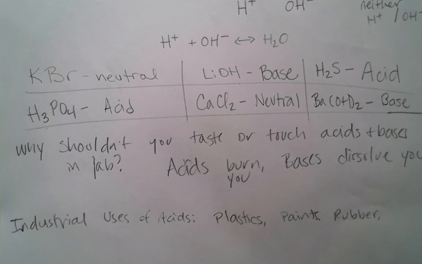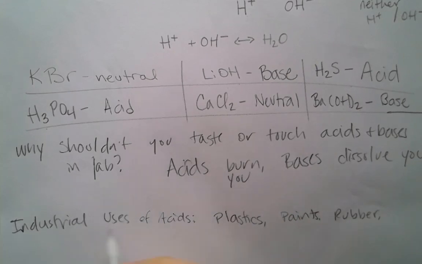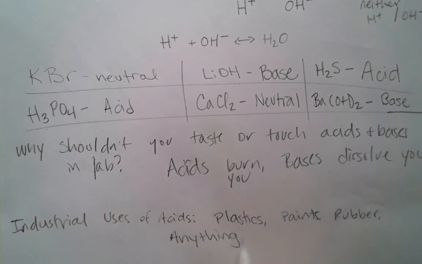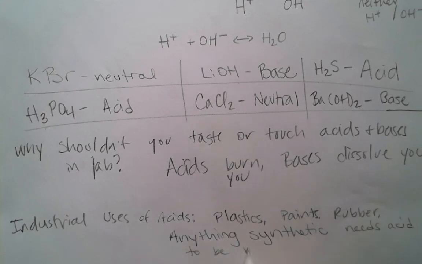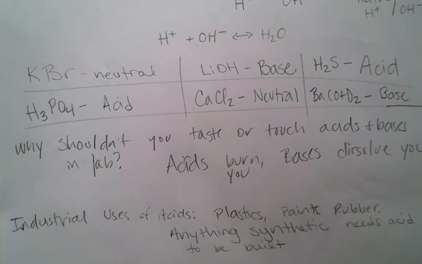So anything synthetic needs acids to be built. Look around at anything that is not, for example, a tree, and it probably needed acid to get to where it's at.